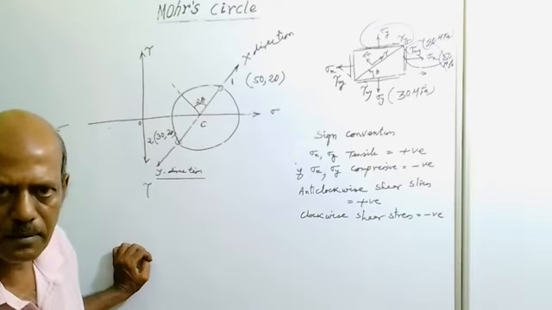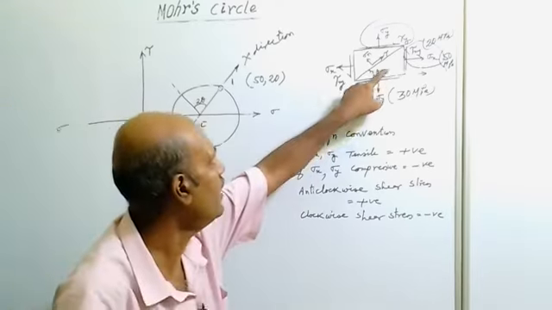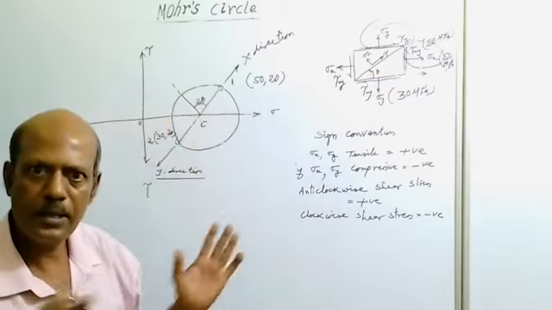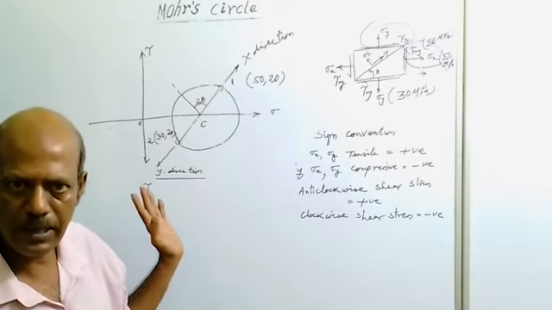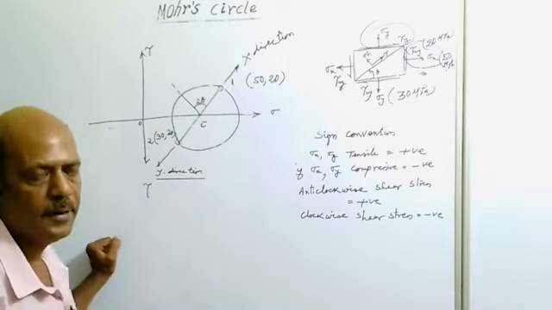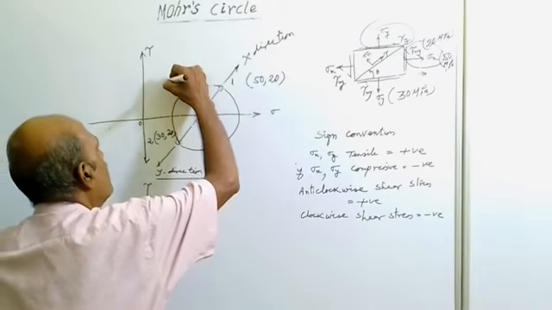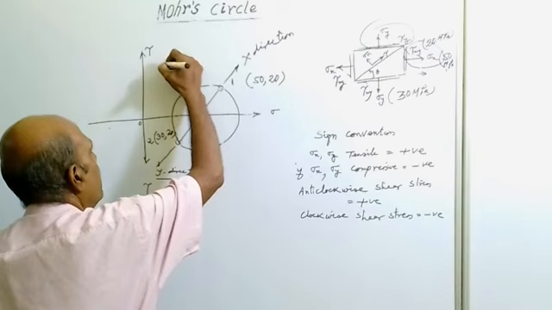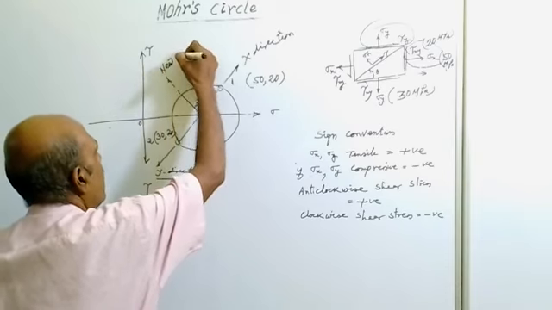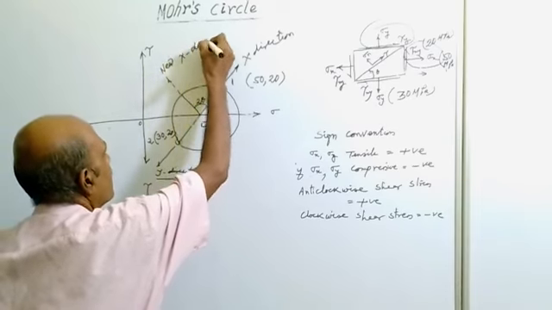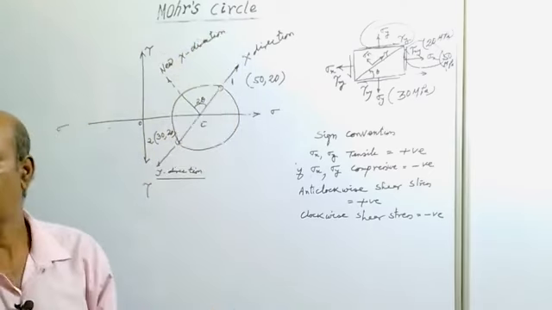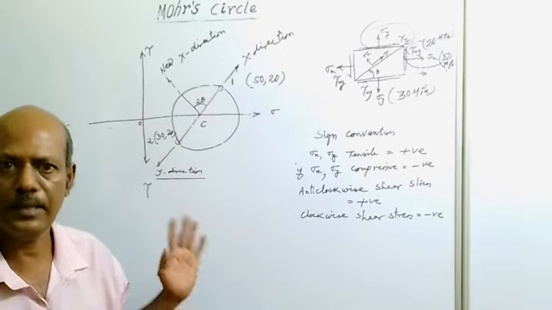Here it is anti-clockwise sense, so here we will rotate in anti-clockwise sense by 2 theta angle. And this direction I am giving the name new x direction. X direction after rotation is termed as new x direction.